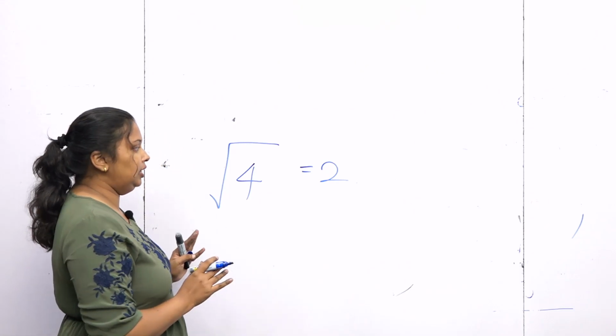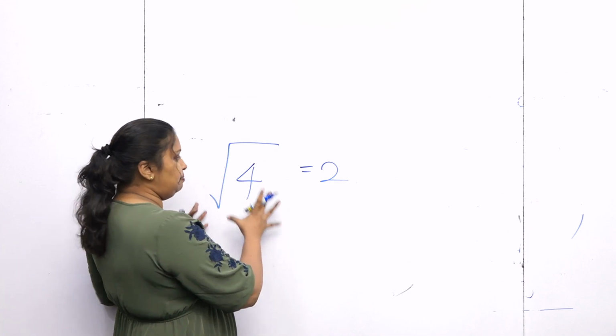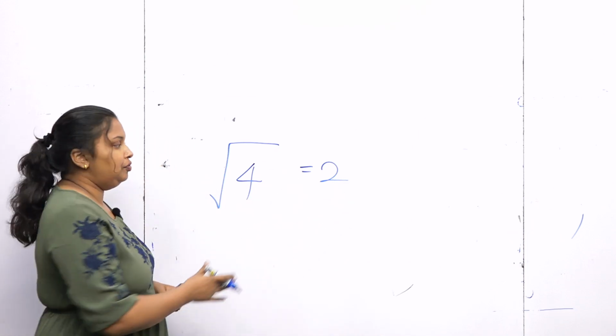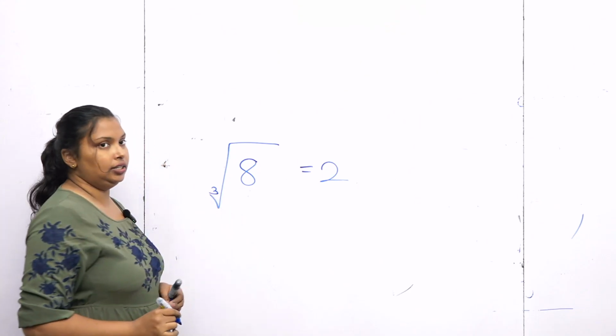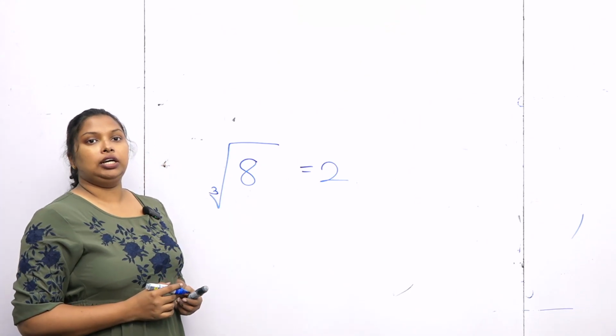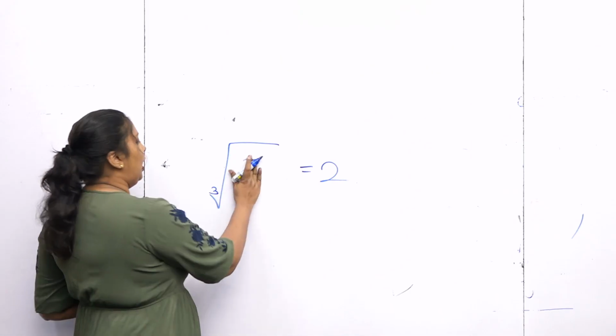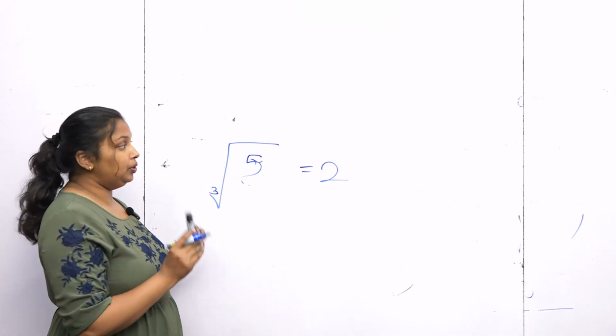If it is a surd, we should not be able to simplify it to a whole number. For example, the cubic root of 8 is 2, so this is not a surd. Clear? But if you have 5 here, this is a surd. Clear?